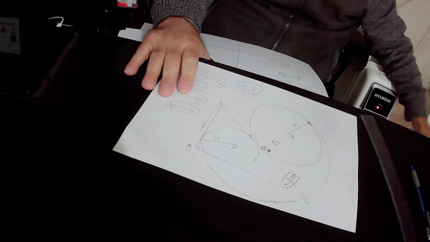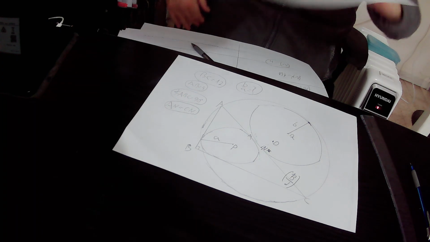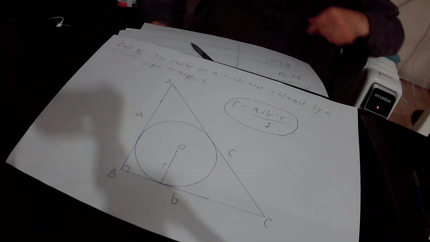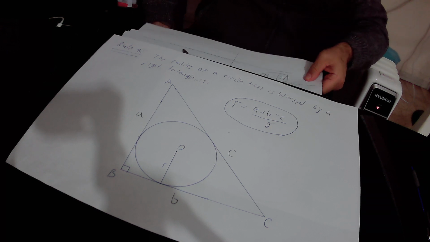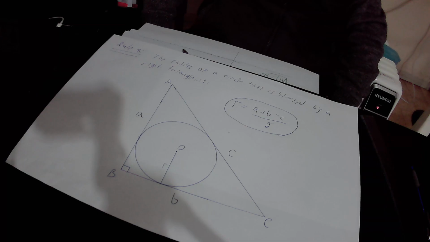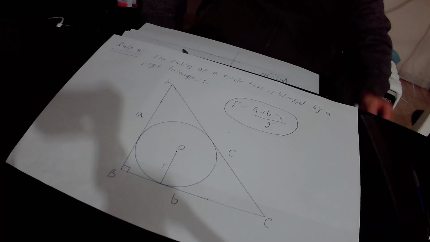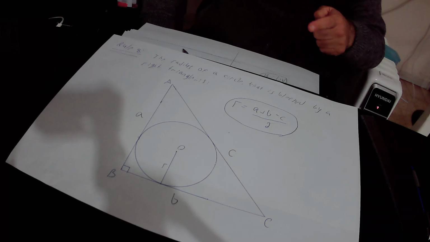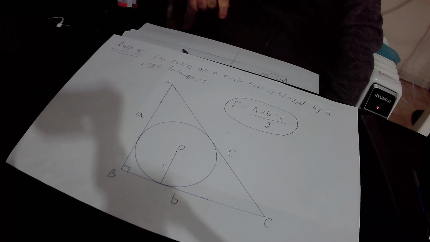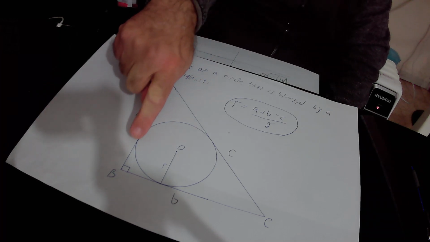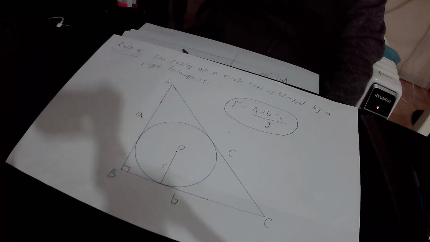We have rule number 8 that talks about the right triangle that blocks the circle. According to rule number 8, the radius of a circle that is blocked by a right triangle is R equals A plus B minus C over 2. So we have here the right triangle ABC, angle ABC equals 90 degrees.